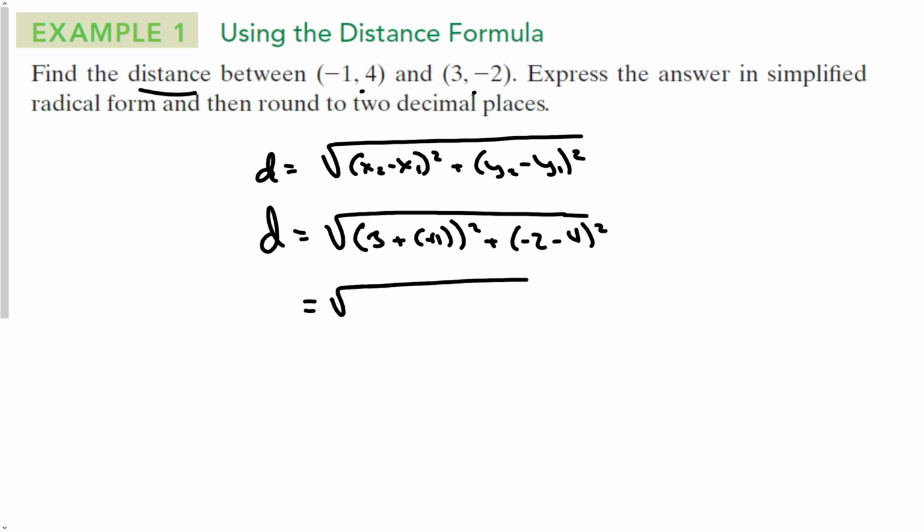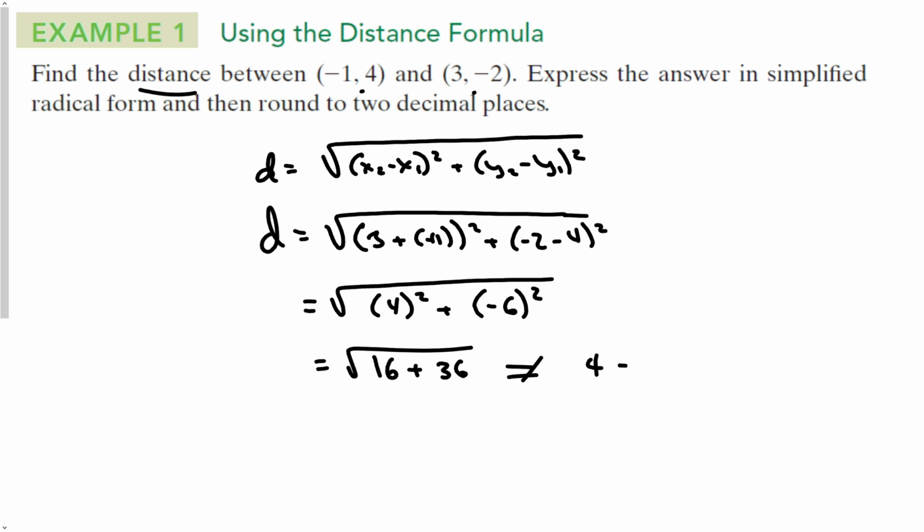So I now have the square root of 4 squared plus -6 squared, which gives me 16 plus -6 times -6 is going to be 36. And this is not equal to 4 plus 6, okay? That's no good. That would be the square root of 16 plus the square root of 36, okay? That's not what the distance formula does. They're both underneath the square root, so we have to add them together first to give me the square root of 52.